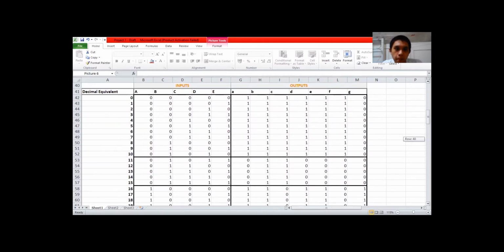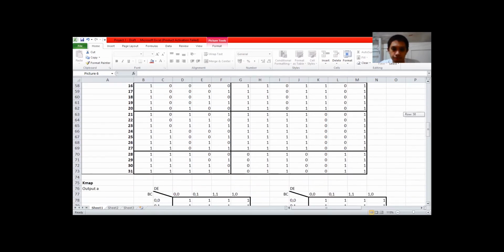So 7 different K-maps were created, specifically 5-variable K-maps since we are dealing here with 5 inputs. And we created 7 in all because there are 7 outputs that are needed in order for us to come up with the desired 7-segment display for the output signal.